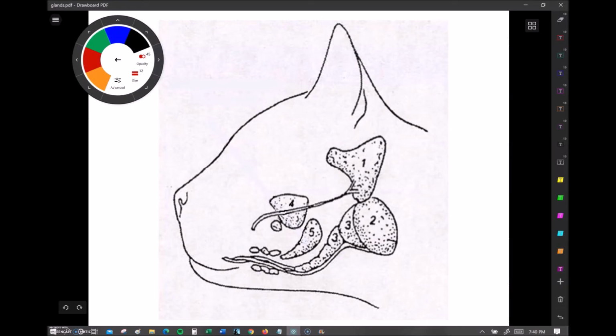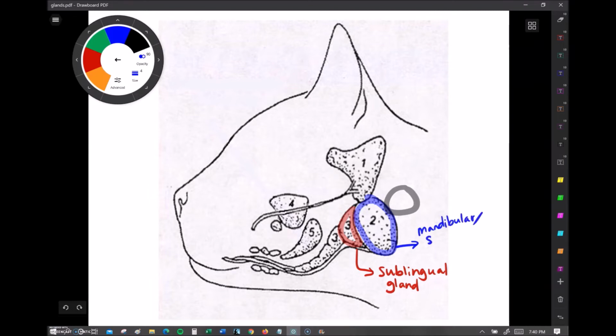And then here's just a picture where you can see them a little more clearly since I did not do a great job. So if you remember back when we did the dissection of the neck, we had those two salivary glands in the neck. We had the sublingual salivary gland, and then we had the mandibular or the submaxillary salivary gland.